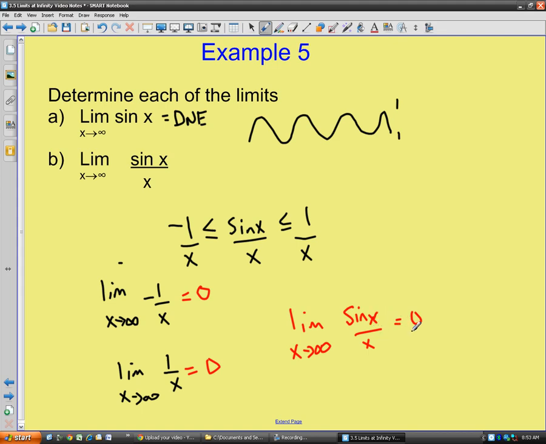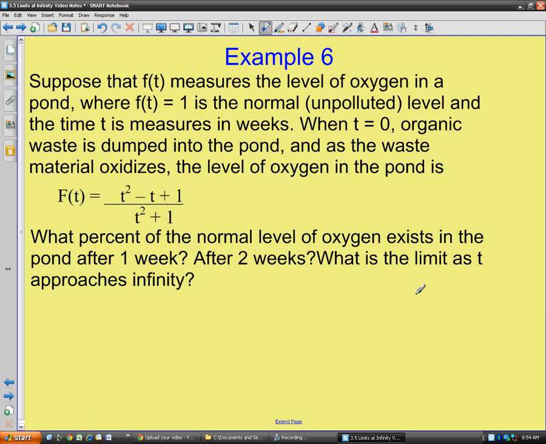So then in our next example, we're talking about oxygen levels in a pond, and basically it's non-polluted. We're going to have waste dumped in there, and it's going to oxidize, and we want to find the percent of the normal level of oxygen that exists after 1 week, 2 weeks, and if it approaches infinity.